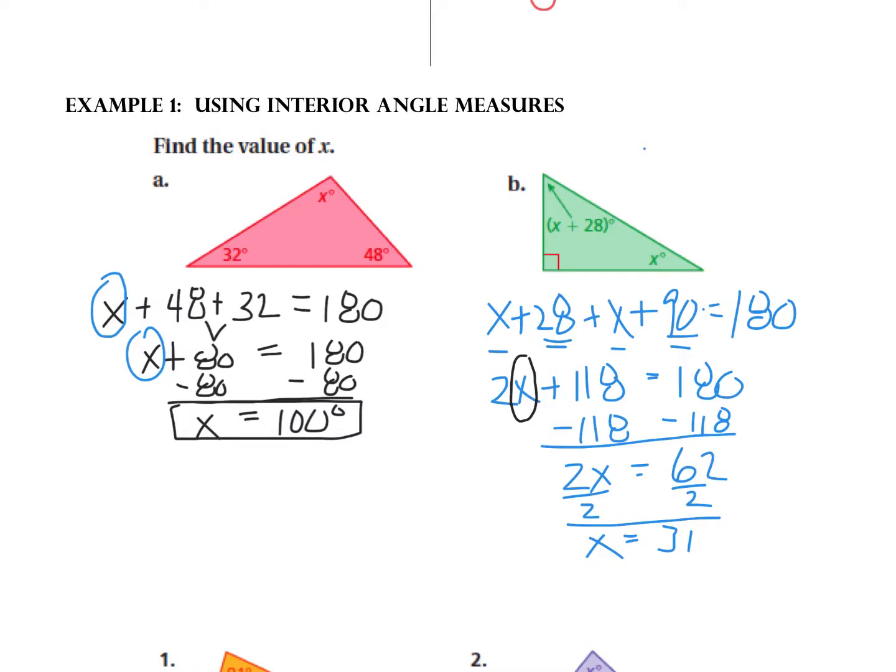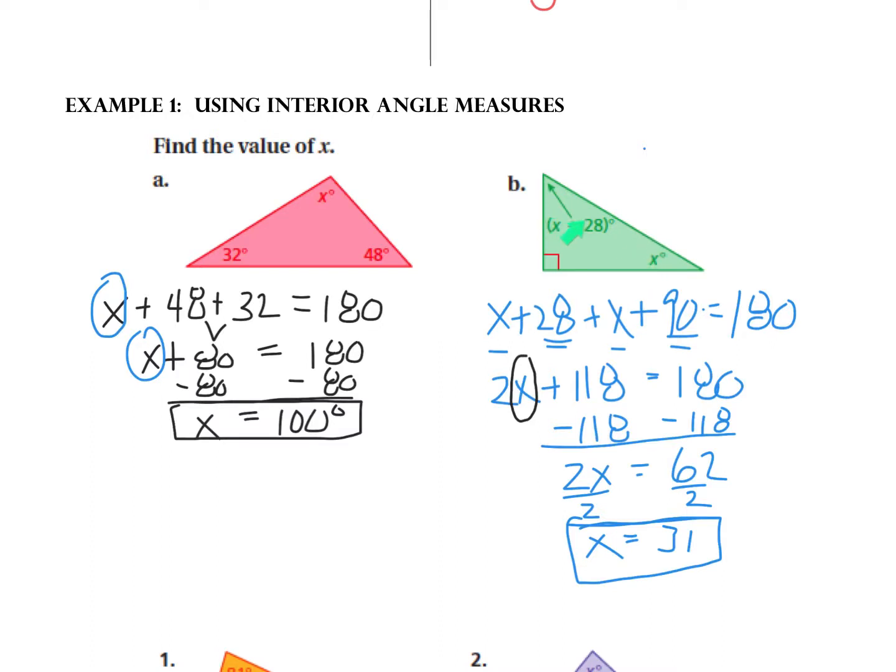Now, sometimes this situation says, what is the value of x? Well, we just found it. The value of x is 31. Sometimes they might say, what are the angles of the triangle? If they ask that question, we would have to do a little bit more work because this angle is just x, so it would be 31 degrees.